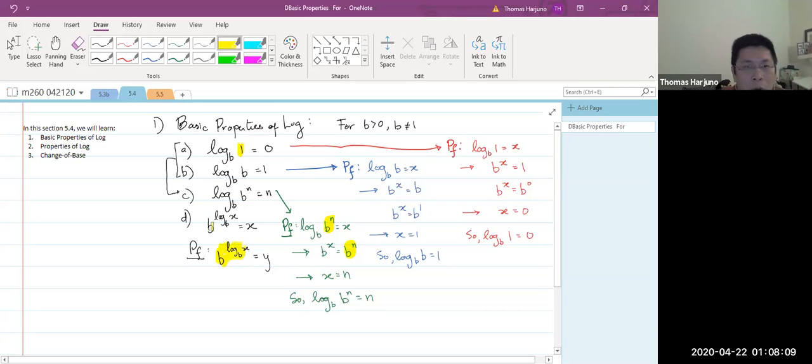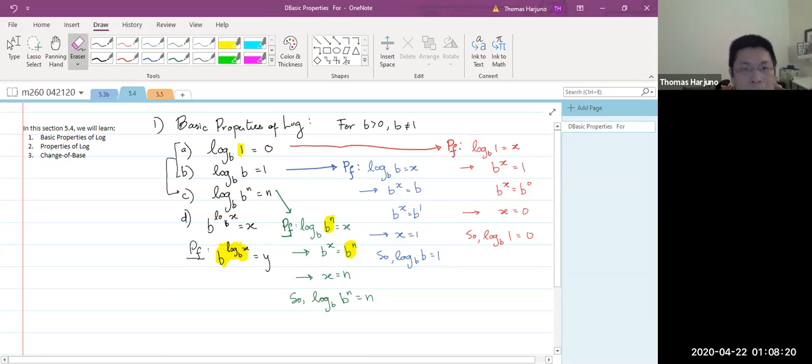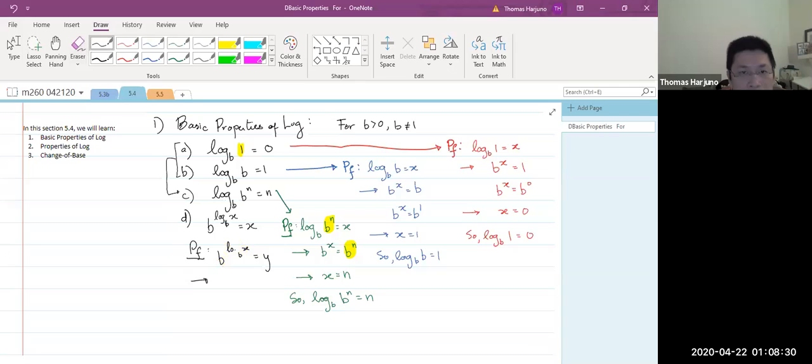Now, I want to show that y is actually equal to x. How to do that? Notice that this is actually an exponential form, where log base b of x is the exponent, right?